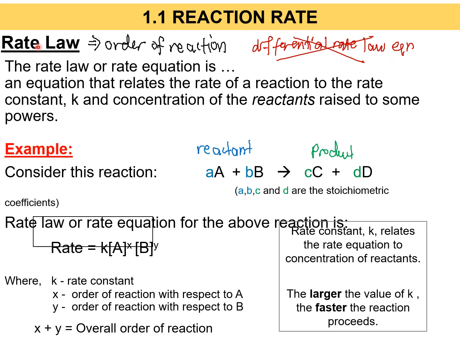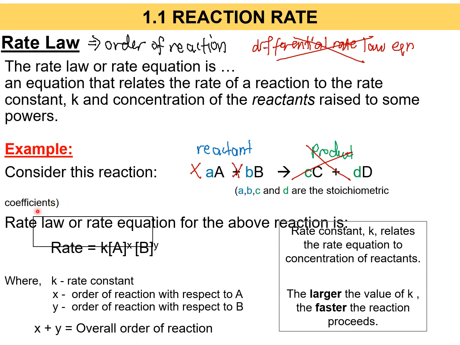But when it comes to the real rate law that relates to order of reaction, it's not the differential one. If the question doesn't mention differential, and mentions the rate law equation, the real rate law equation, actually we don't care about the products, we don't care about the stoichiometric coefficient at all.